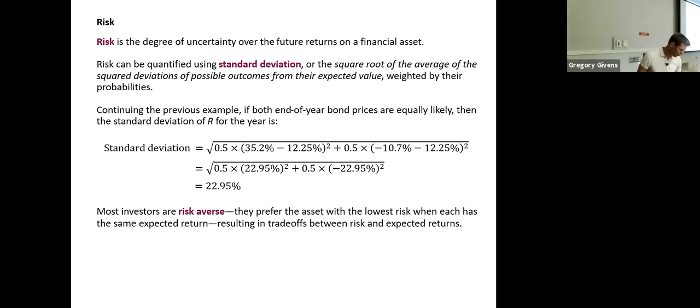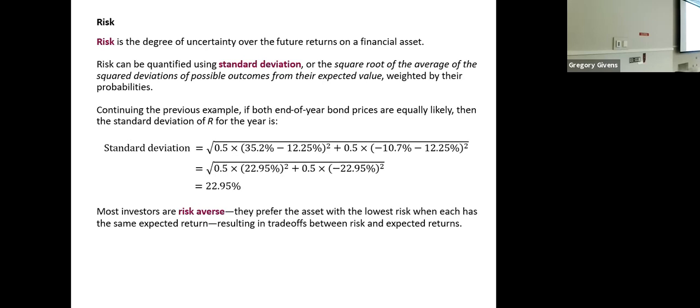Now, I do want to point out here that again, because the vast majority of investors are risk averse, all else equal, they're going to prefer investments that have a lower risk or lower standard deviation. This does not mean that investors will refuse to purchase risky assets, right? They will, but those investors have to be compensated for taking on that additional risk.